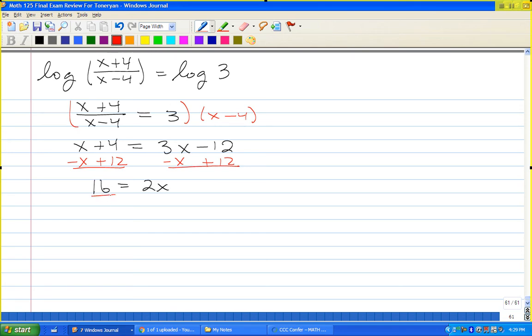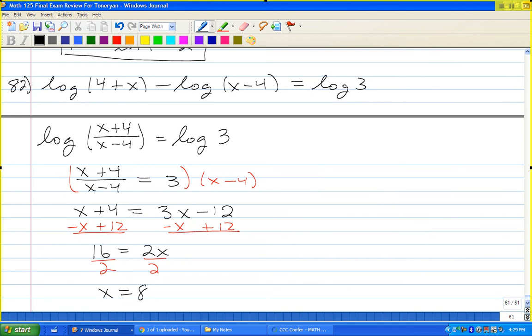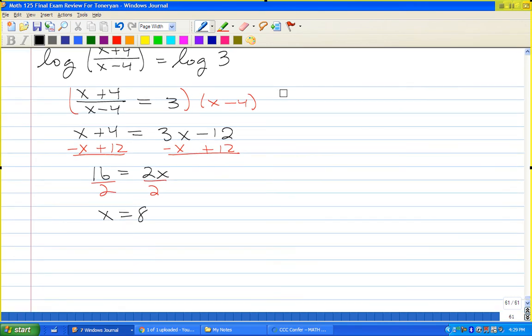Divide by 2. So x is equal to 8. Since when x is 8, 4 plus 8 is positive, 8 minus 4 is positive, 3 is positive, then indeed, x equaling 8 is a solution.